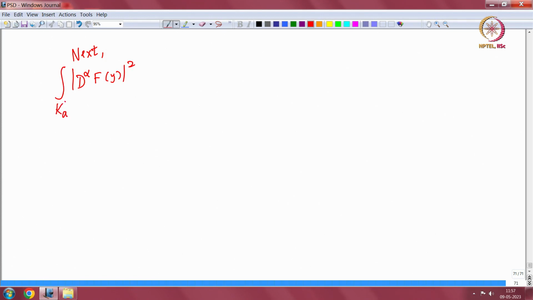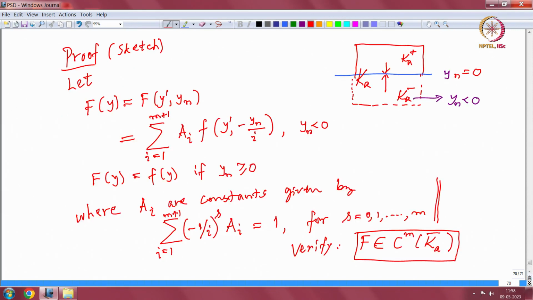We are interested only in the lower part, because in the upper part it's the given function. Again you look at the expression: the y prime has no change at all. Only differentiation with respect to the y_n variable will produce something.